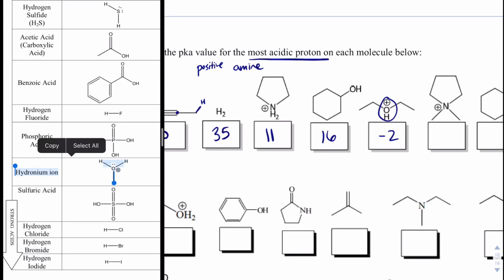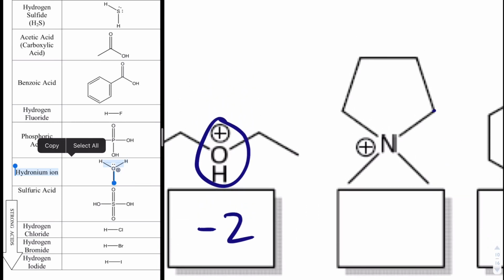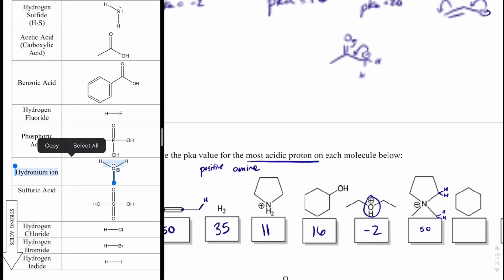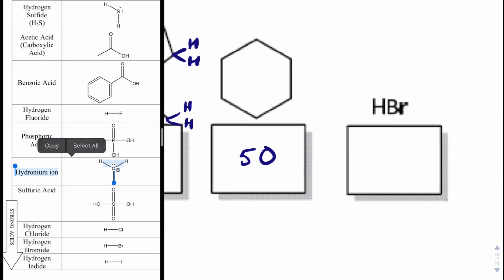In this next one, we have an N group, but notice there's no H on that amine, so we'll actually have to look at the next carbon, and so this pKa would actually be 50. Here, no major functional groups besides alkanes, so we would say 50 as well.